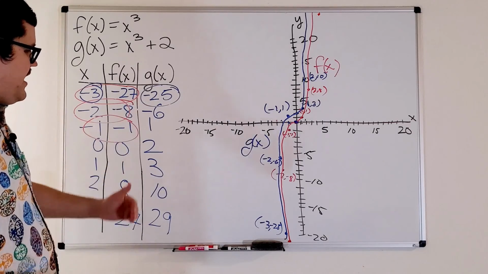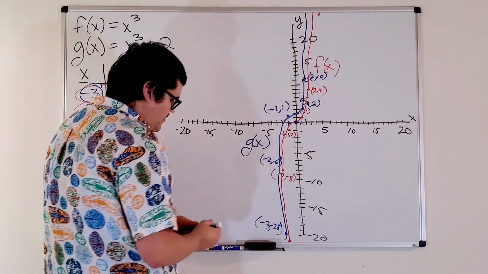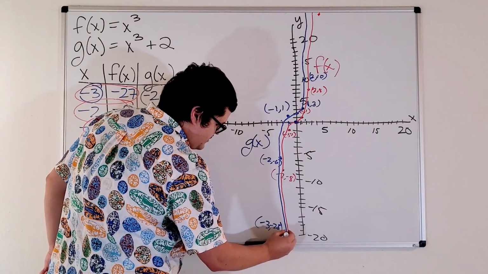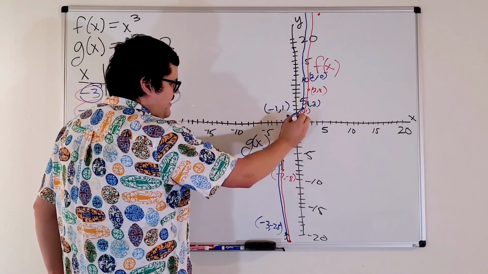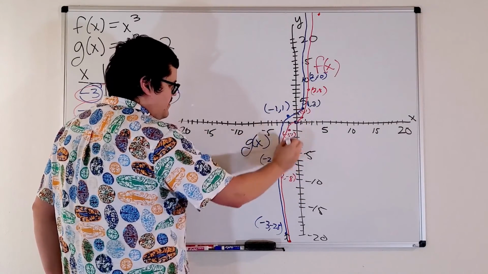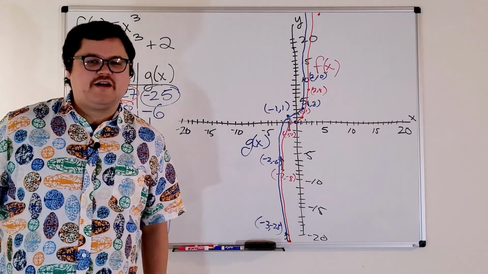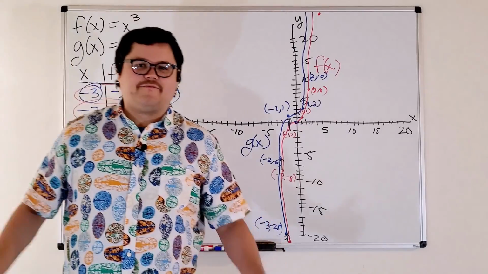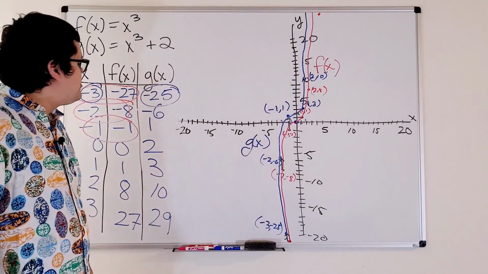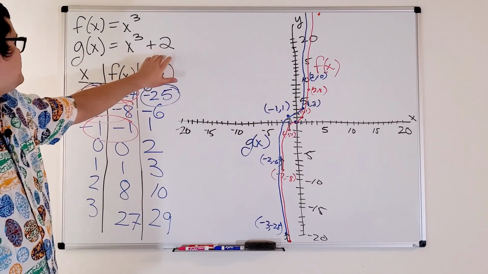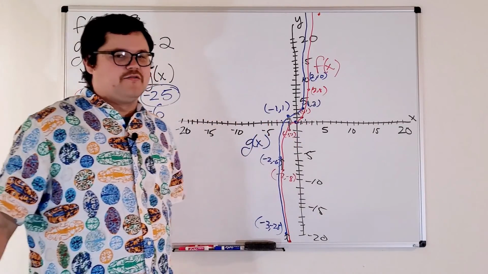And when we go to plot it, it means that each of these points on the g curve is 2 units above the corresponding point on the f curve. Okay? In other words, g of x is a vertical translation of f of x. So if you add +2 at the end, you move the graph up by 2.